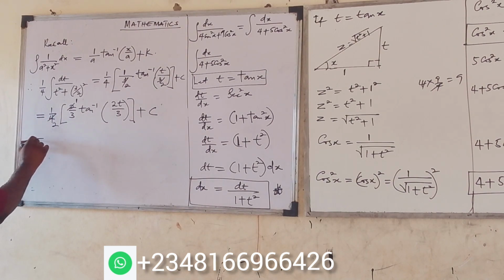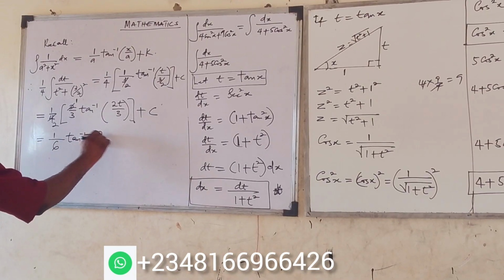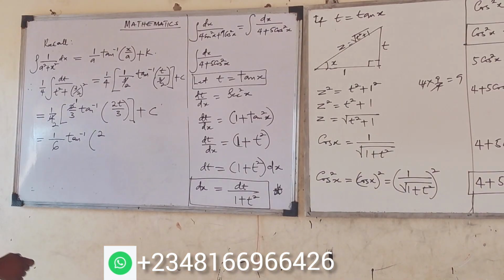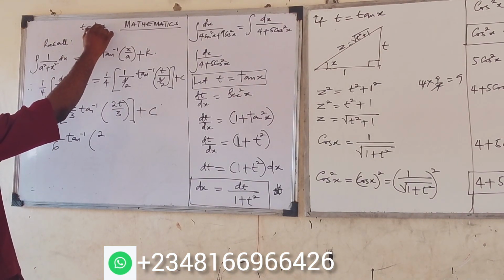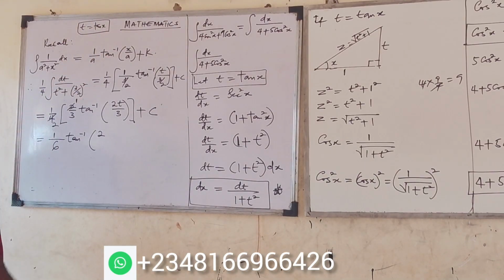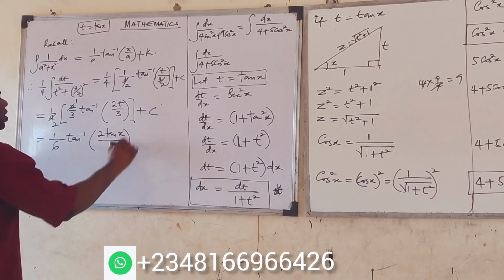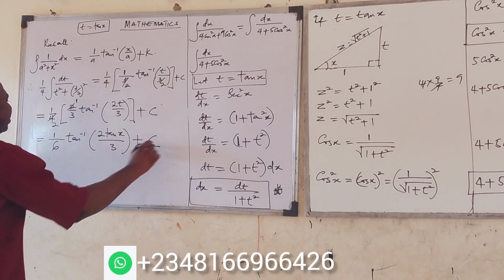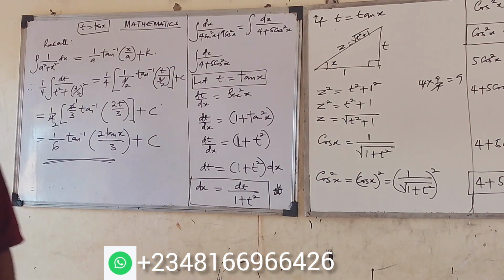So here we have 1 all over 2 times 3, which is 6, then tan inverse of 2t all over 3. And remember the value of our t, we said let t be equal to tan x, our initial substitution. So here we have 2 tan x all over 3, then plus c. So this is the solution to the question.